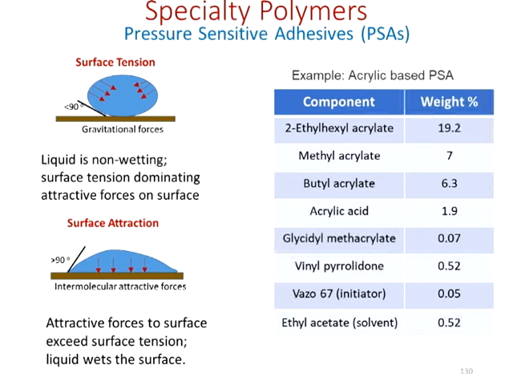These two factors have to be matched when you're making PSAs. And depending on the application of the PSA, that will help determine just where you want that to be. And these blended materials are what give you that final property performance.